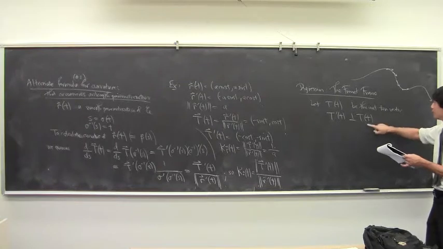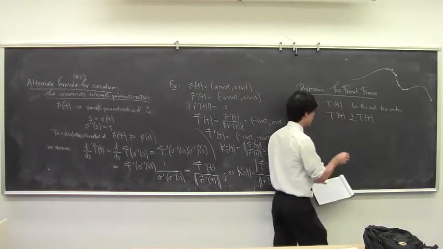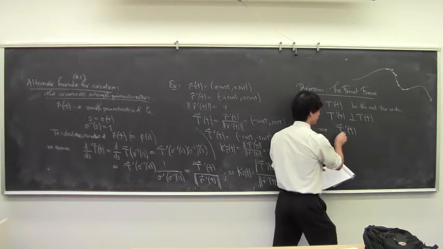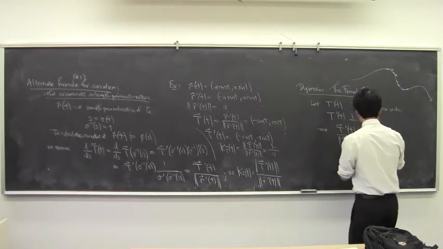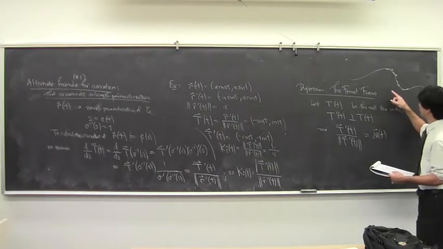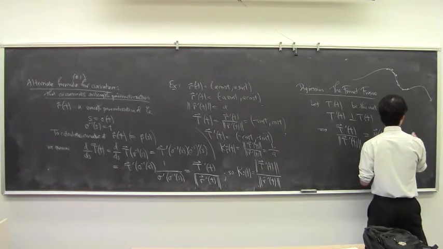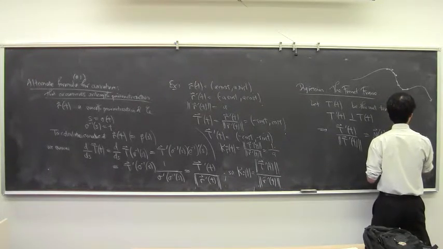Okay. So this turns out to be perpendicular to that, right? So if we take the derivative and divide by its size, and we call that thing n, this is a unit vector perpendicular to the tangent vector.